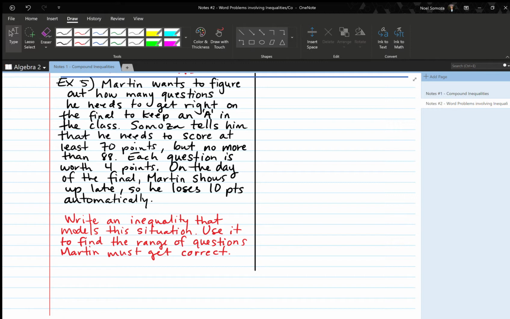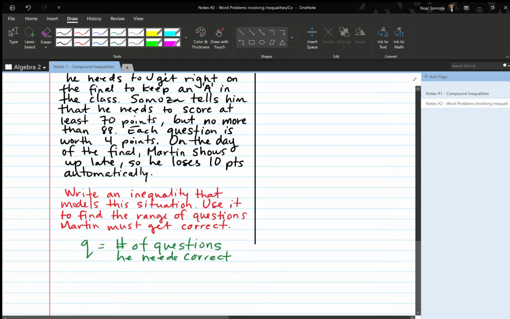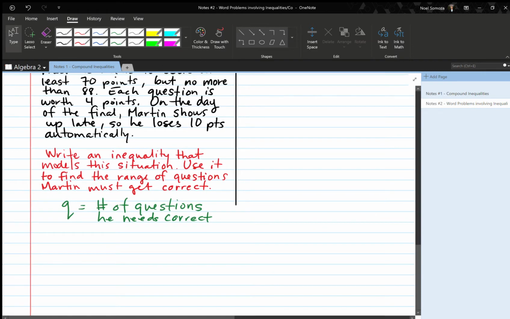All right, so you wrote Q to represent the number of questions he needs correct. And then from there, tell me about your process.